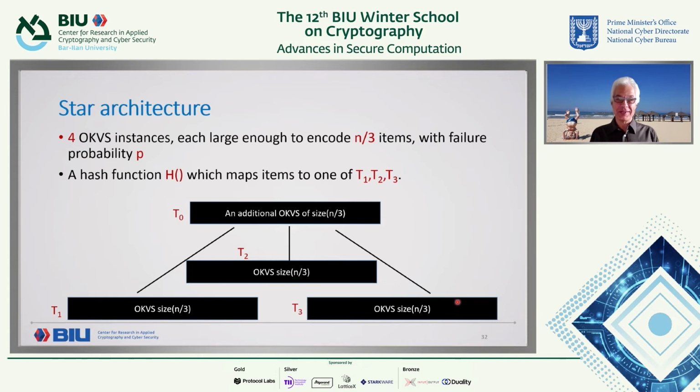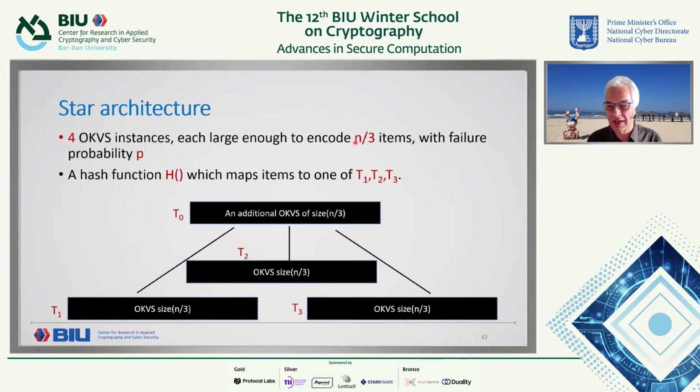Okay. So here's the construction. Say we're going to have 4 OKVS instances, 4 hash tables, each large enough to store 1/3 of the items.